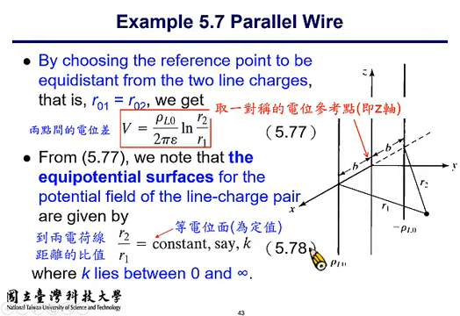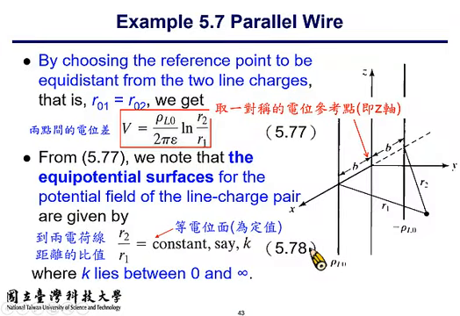In this configuration, because the two lines are placed in a symmetrical fashion in this coordinate system, and the electrical charges carried by the two wires are of the same amount, of course in opposite polarities, the so-called zero potential reference can intuitively be chosen as the z-axis, which is in the middle of the two wires. So by choosing the zero potential reference as the z-axis, R sub 01, the distance between the z-axis and the positive charge wire, is the same as the distance from the z-axis to the location of the negative charge.